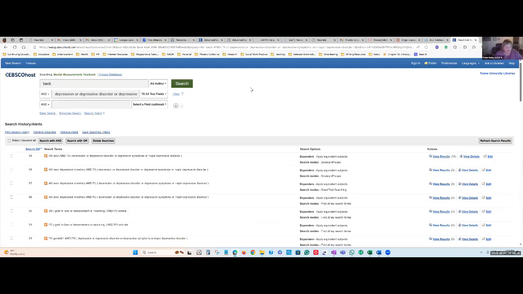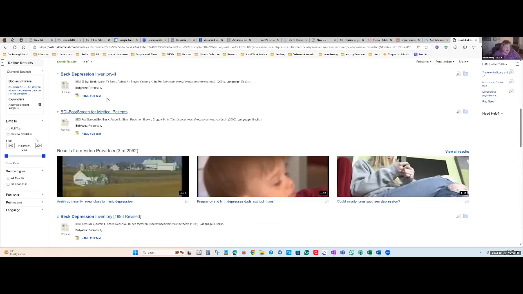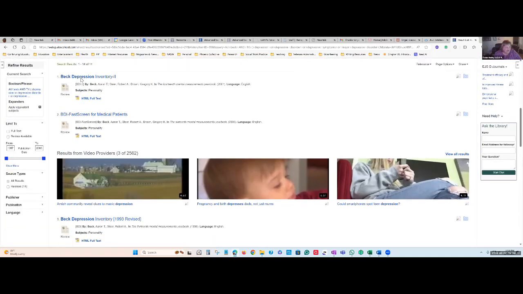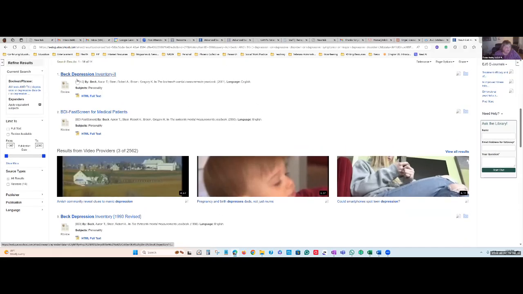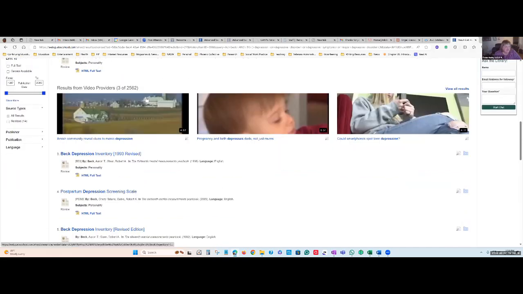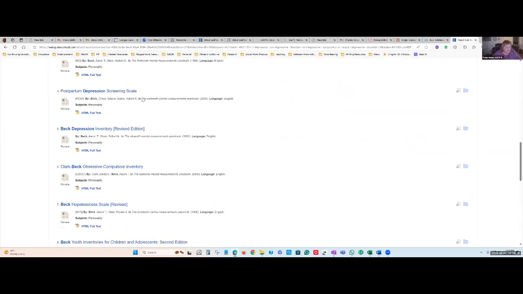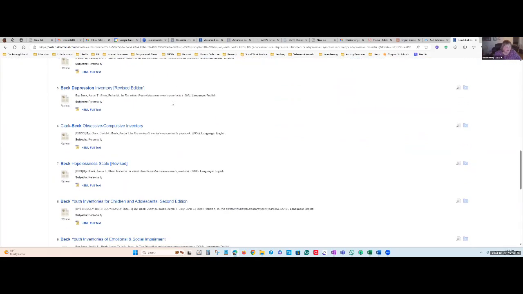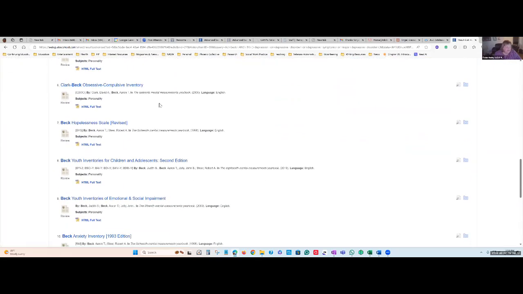Okay, so let's say that you want to get the information, maybe the norms on an original study. You can type in the name of the author, and then you can see all of the different studies that he's done. Everybody's pretty familiar with, for example, the Beck Depression Inventory, but there are others that might be better.